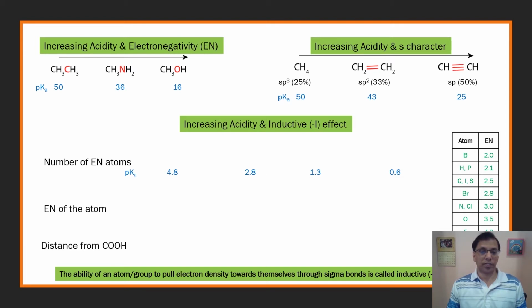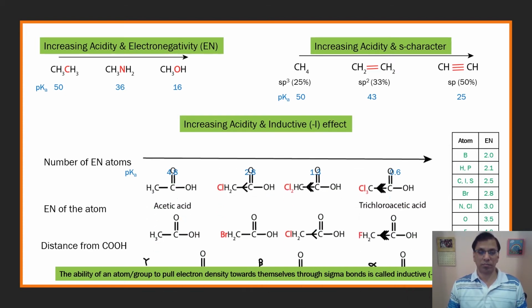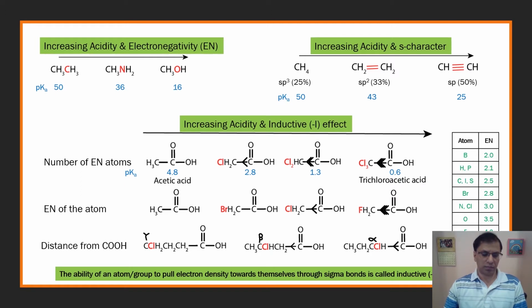The factors that affect the inductive effect is the number of electronegative atoms. Let's consider a simple example: acetic acid. The pKa value of acetic acid is 4.8, and it has a methyl group. If we start replacing the hydrogens on the methyl group with chlorine atoms, the pKa value keeps decreasing. For trichloroacetic acid, the pKa value is 0.6, and it's pretty acidic.